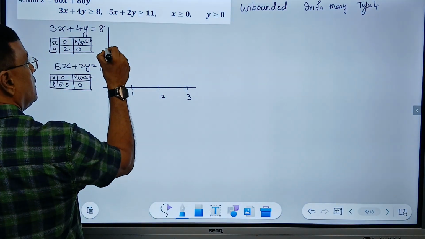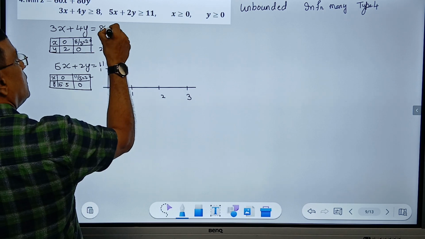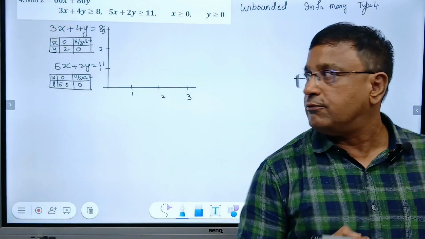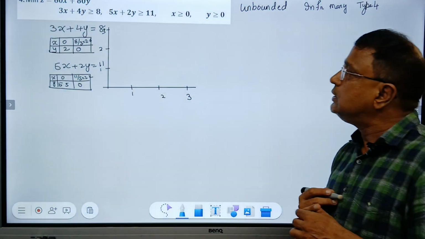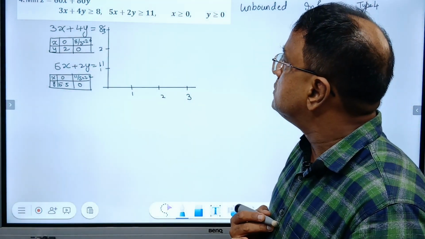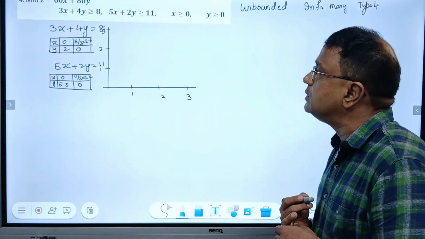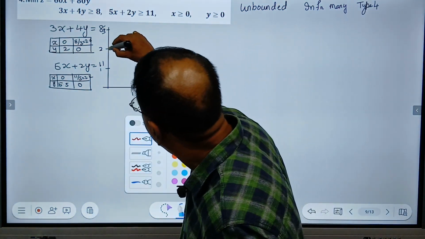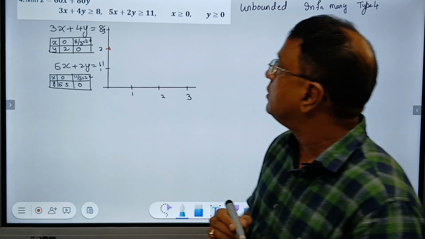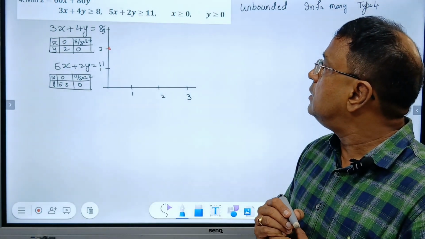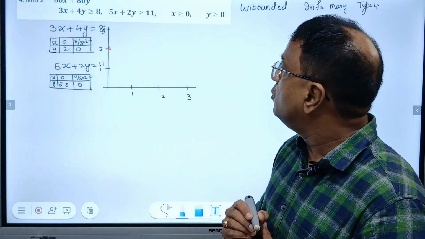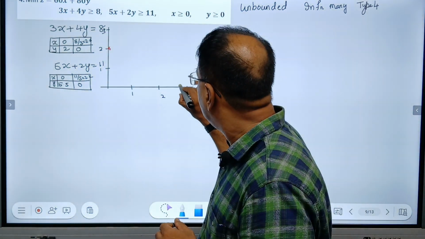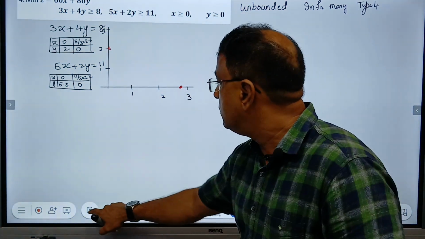Okay, so let's plot the graph. I want to plot 0, 2. The 0, 2 will be here, and 2.6, 0 will be somewhere here. So let's join it.